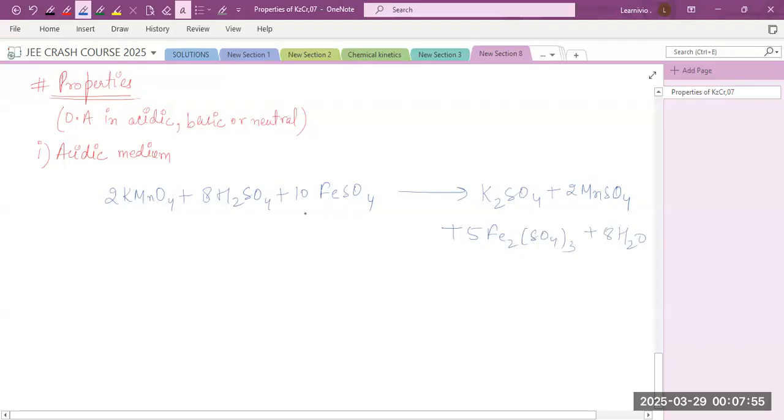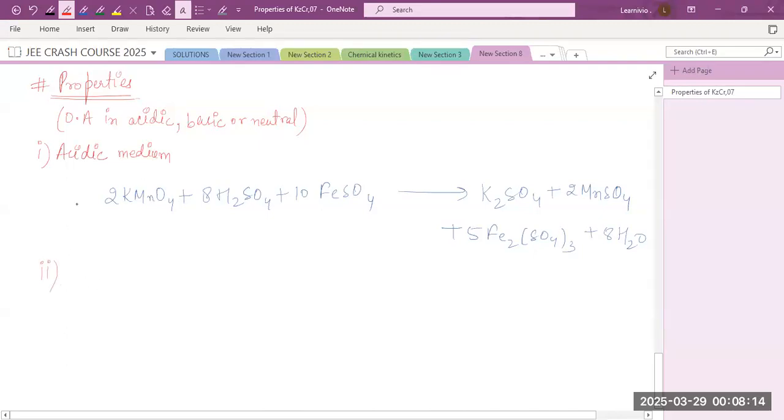Now this is the condition of acidic medium.